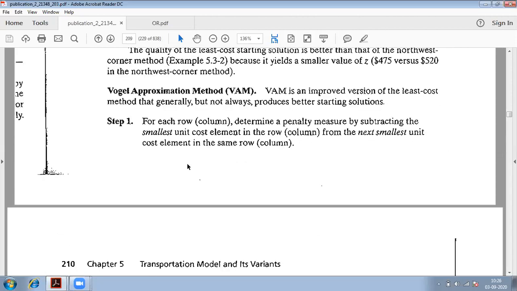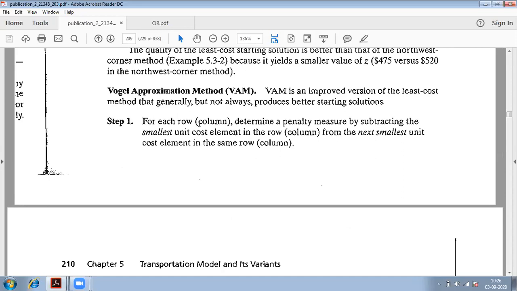After that, the third method is Vogel's approximation method, or the penalty method, what you can say. Vogel's approximation method is an improved version of the least cost method that generally, but not always, produces better starting solutions. So whatever it may be, you need not bother. Step 1.